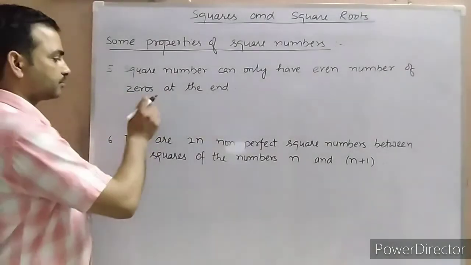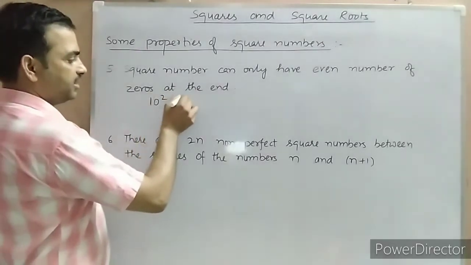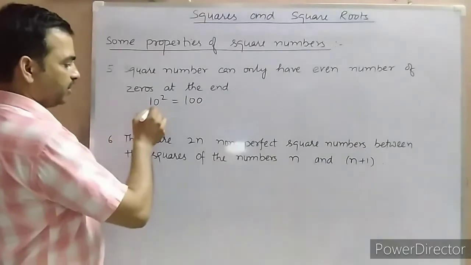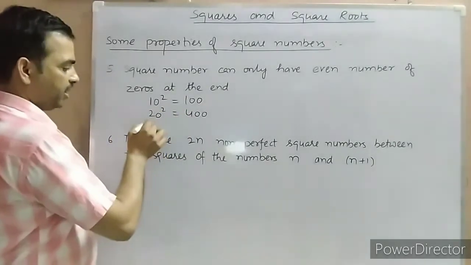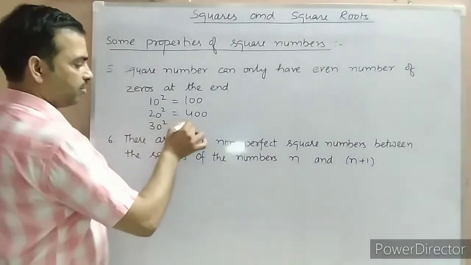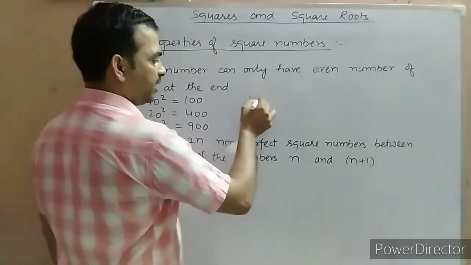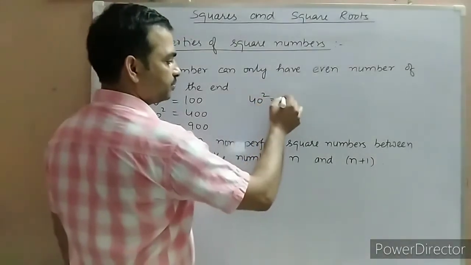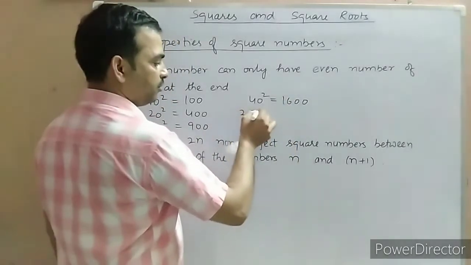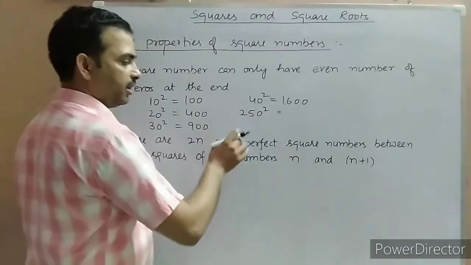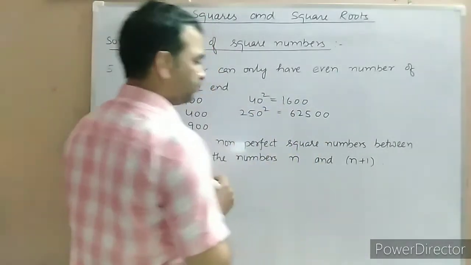For example, square of 10 is equal to 100, square of 20 is equal to 400, square of 30 is equal to 900, square of 40 is equal to 1600, square of 250 is 62500.